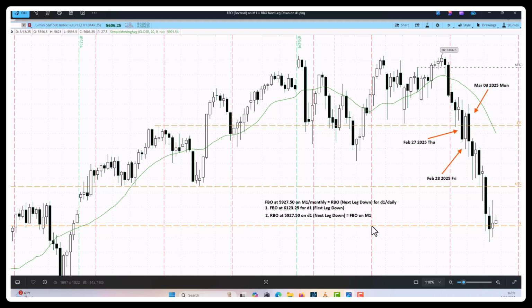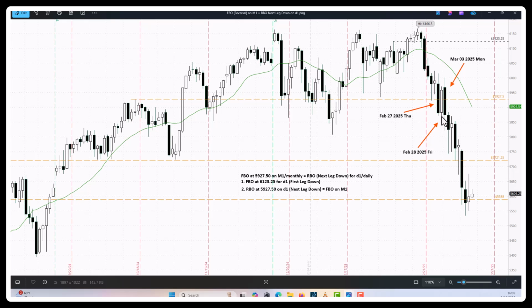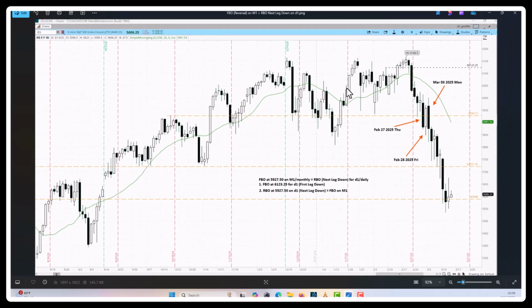So there's no reason for us to be picky or perfect on the direction of the market. So right here it's so beautiful to see how the high time frame manifests itself in the low time frame.